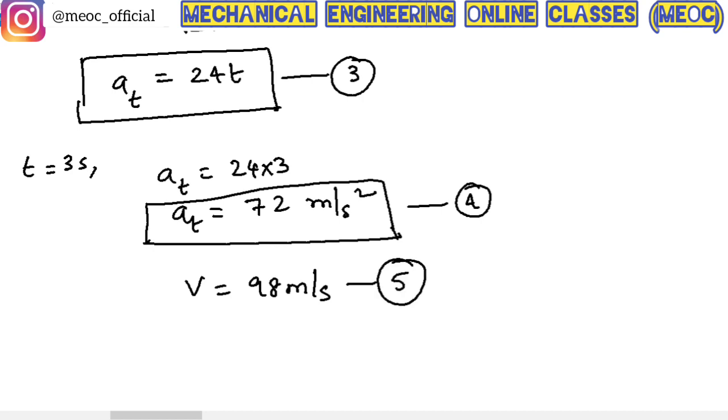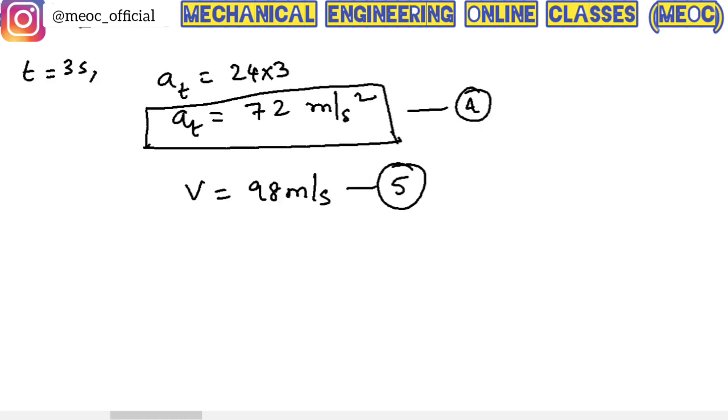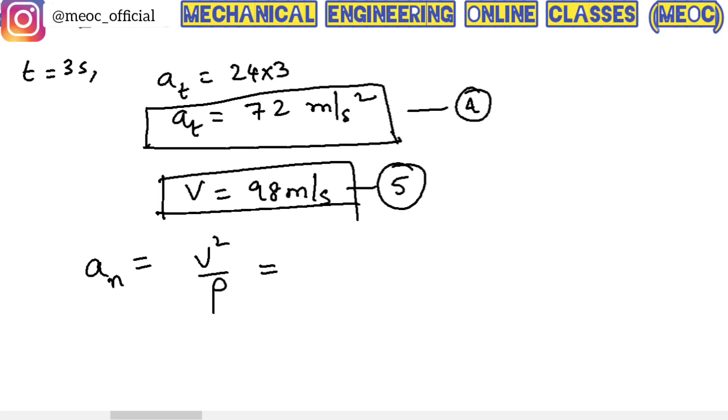We have to find the total acceleration, for which we need another component of acceleration also, an. an is given as v square by rho. V is just calculated, v is nothing but 98. So 98 square by the radius of curvature, which is 10 meters. Everything is in meters.